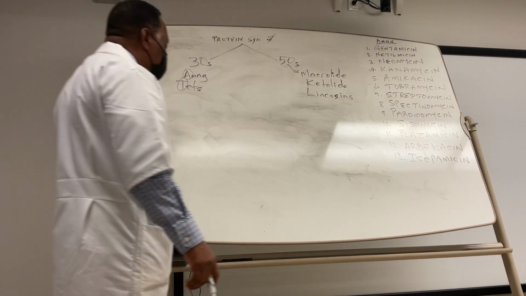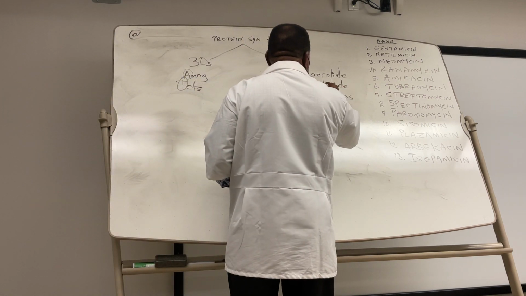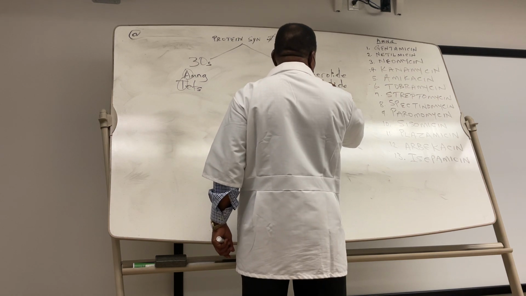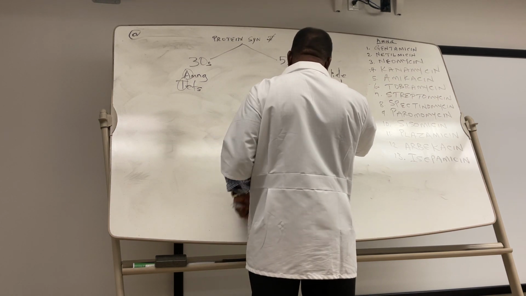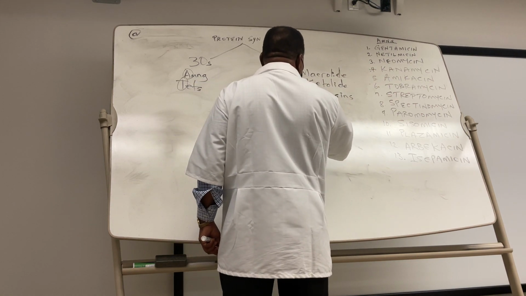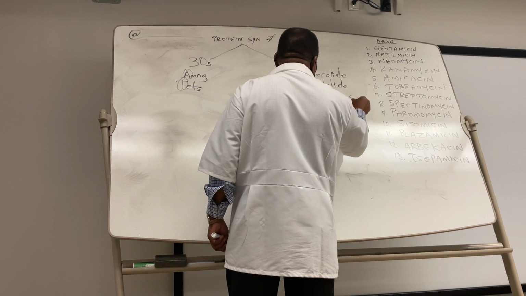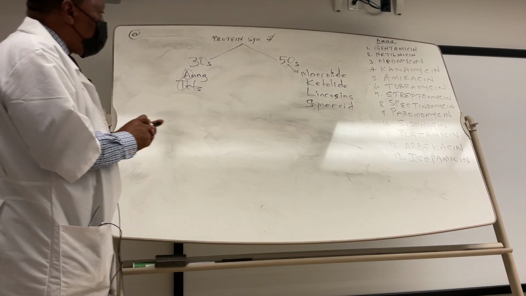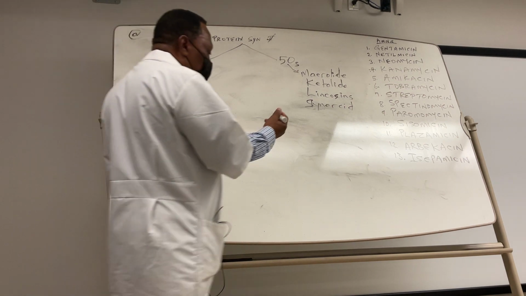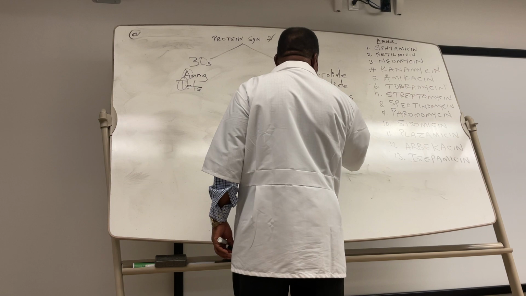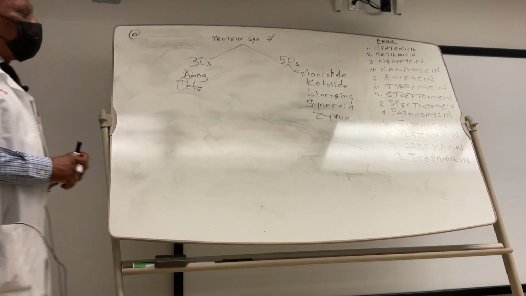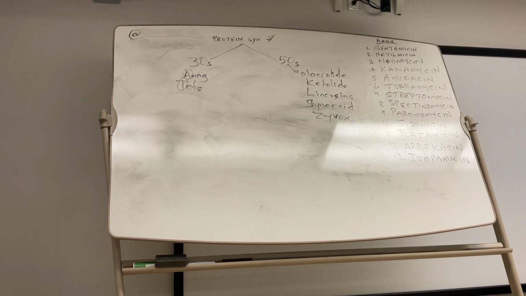Okay, these are called lincosins. Your other agents like Synercid would also bind to this 50S ribosomal subunit. Zyvox will also work at the 50S ribosomal subunit.